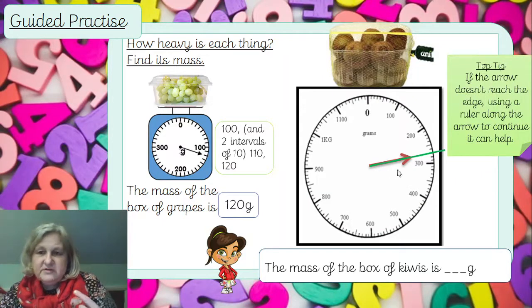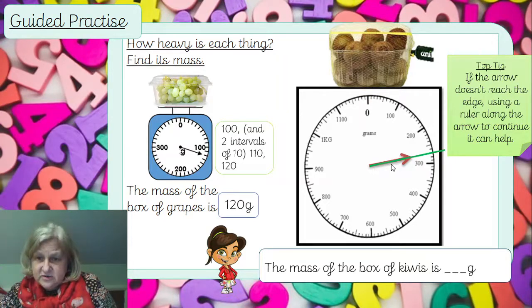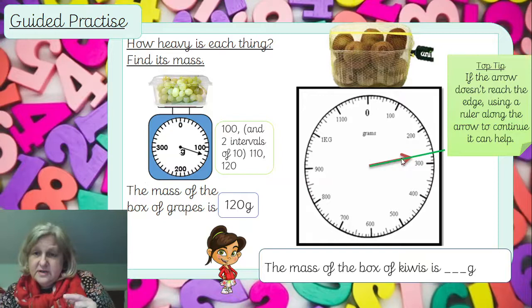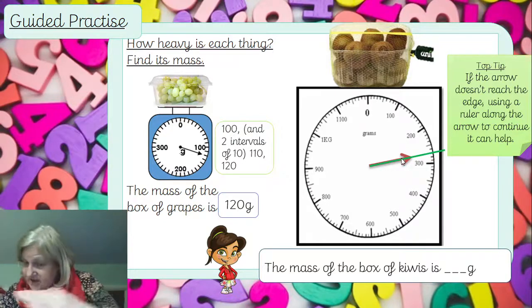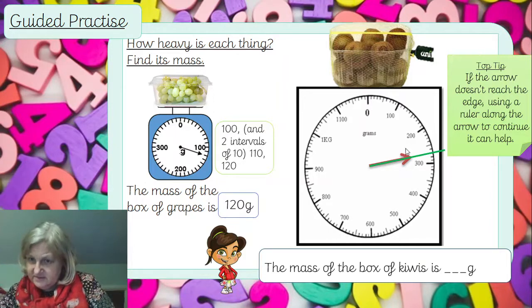If it doesn't quite reach the edge, this is just a little Mrs. Ludlow trick really. If you want to use a ruler, lay it along that line of the arrow so that it's really straight, don't try and use your finger because it will wobble along. If you can eyeball it and just guess it, then that's really good if you're accurate. But Mrs. Ludlow isn't very accurate with these sorts of things.